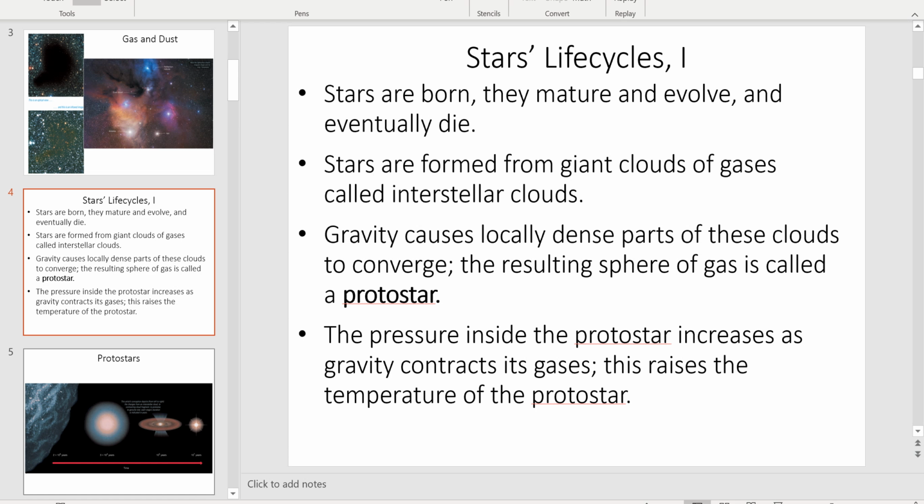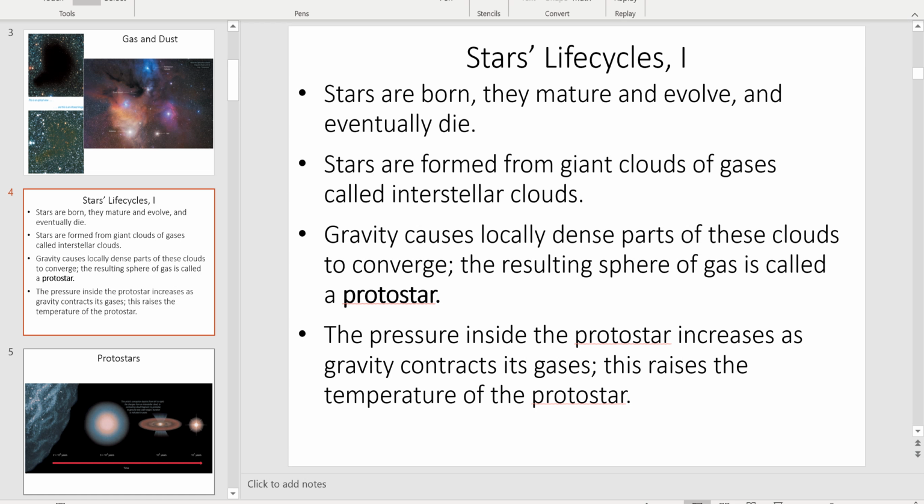Solar systems form from giant clouds of gas and dust, and the same goes for stars. In fact, I talked a little bit about how the sun formed when we discussed how the solar system formed. I mentioned to you that the solar system formed from a large cloud of gas and dust, which collapsed under its own gravity. And as it began to collapse, it began to rotate because of conservation of angular momentum.